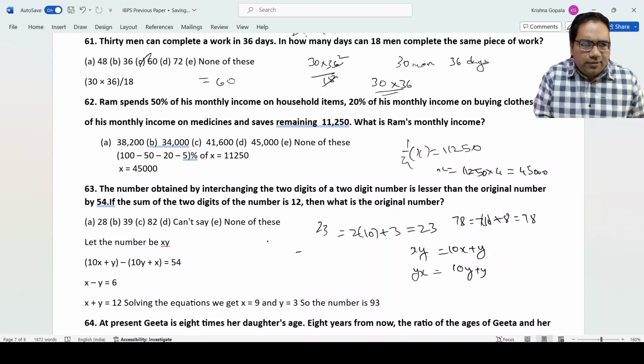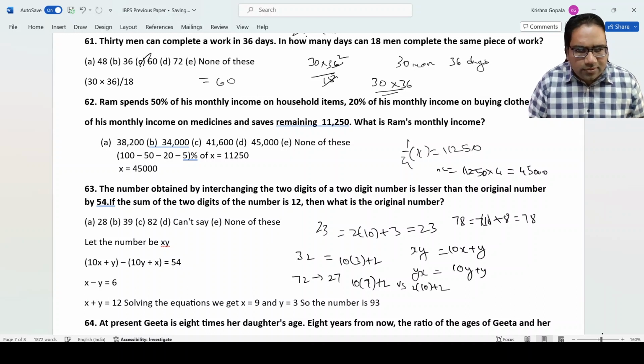If it is 32, 10 into 3 plus 2. 72 interchanged becomes 27, which is 10 into 2 plus 7. So the given condition is that instead of 10x plus y, it has become 10y plus x. So 10x plus y minus 10y plus x is equal to 54.